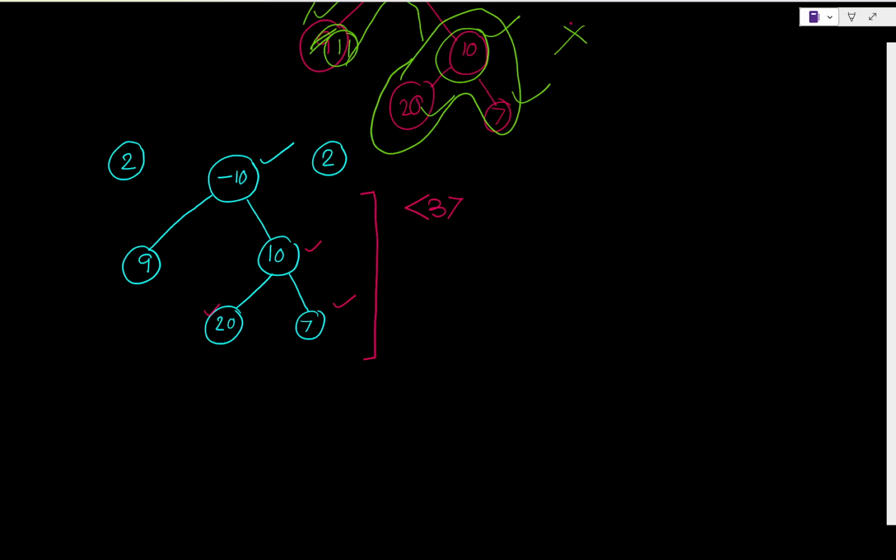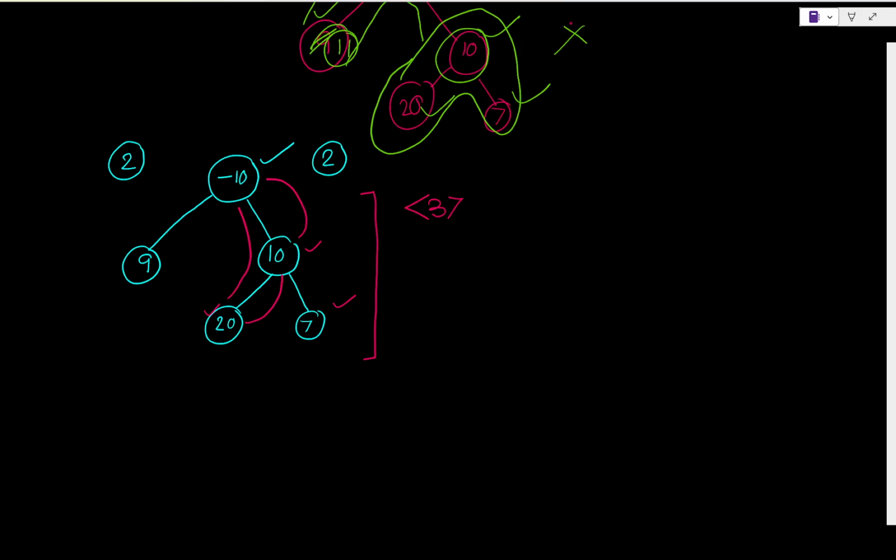We'll have some choices. We can have minus 10 and 10, that is a valid path. Or we can have 20 plus 10 and minus 10, that is a valid path. I'm talking about this path. Or we can have 7, 10 and minus 10. Please note, we cannot have all 3 and minus 10 included because that will be an invalid path. 10 is repeating twice, hence the definition given by them.